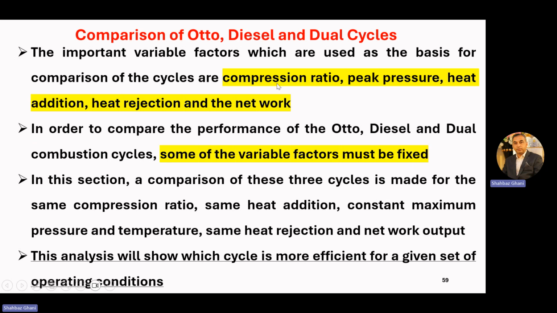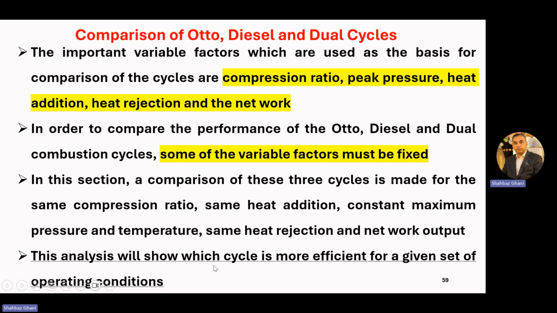So out of these 5 factors, we have to keep some fixed, and then we can compare these 3 cycles. In this session, a comparison of these 3 cycles is made for the same compression ratio, same heat addition, constant maximum pressure and temperature, and same heat rejection and net work output.